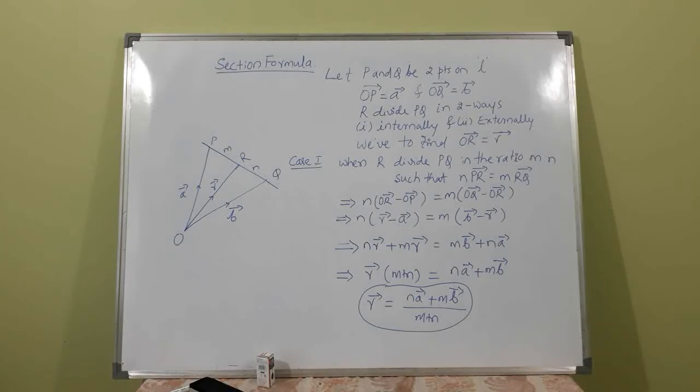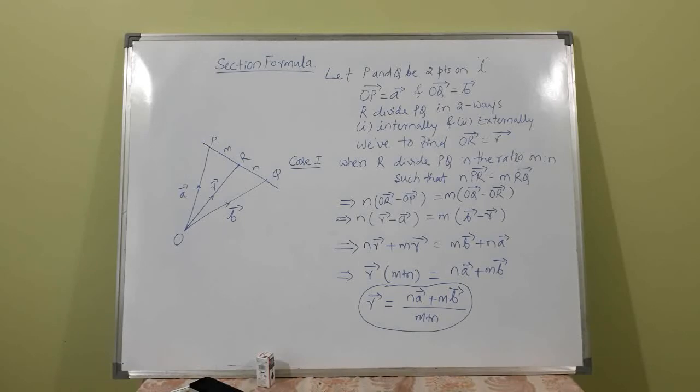There are two possibilities, internally and externally. Then we have to find the position vector of that point R. Let us call it R.